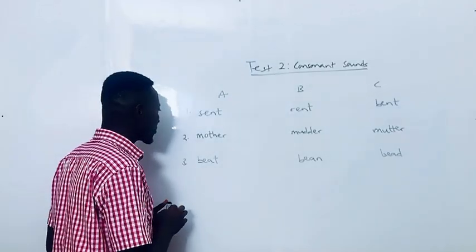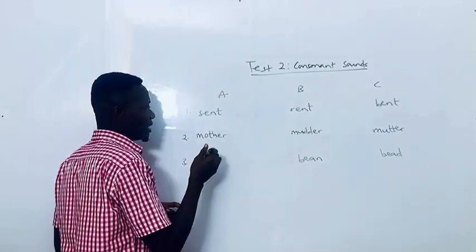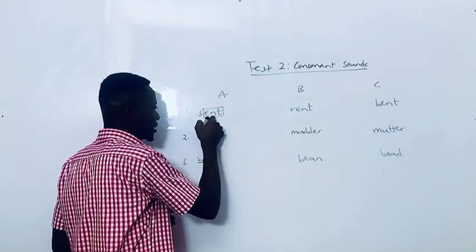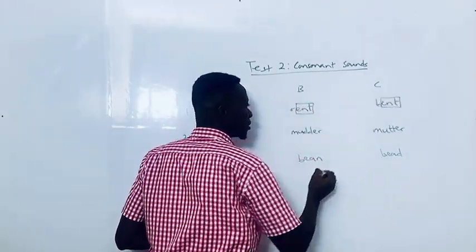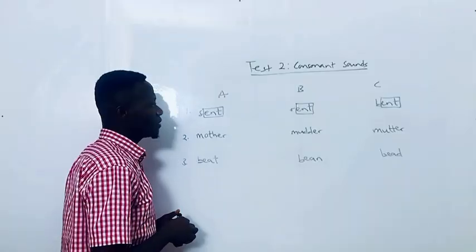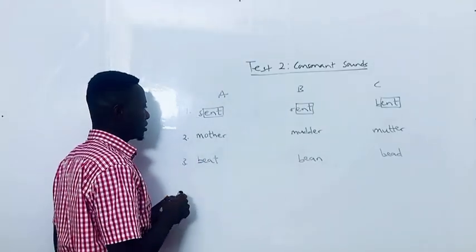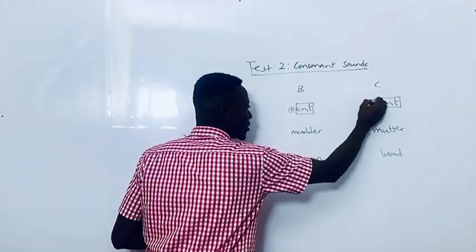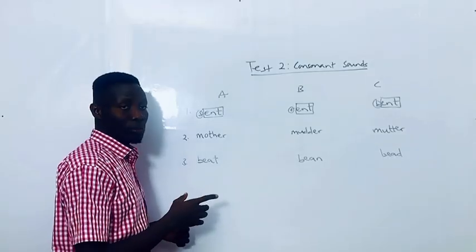All right, you can see that each option has end. The difference is the initial consonant sound. So this is what gives us the difference. As you can see, I have selected the differences in the options.